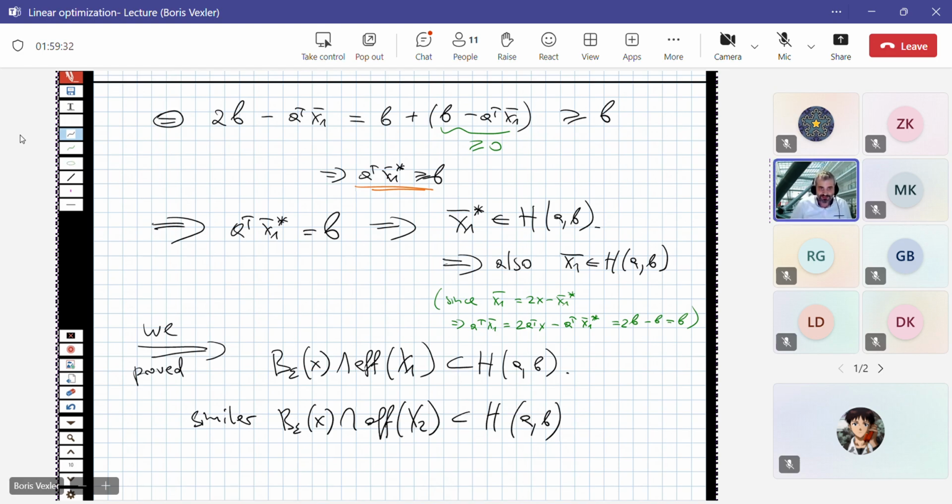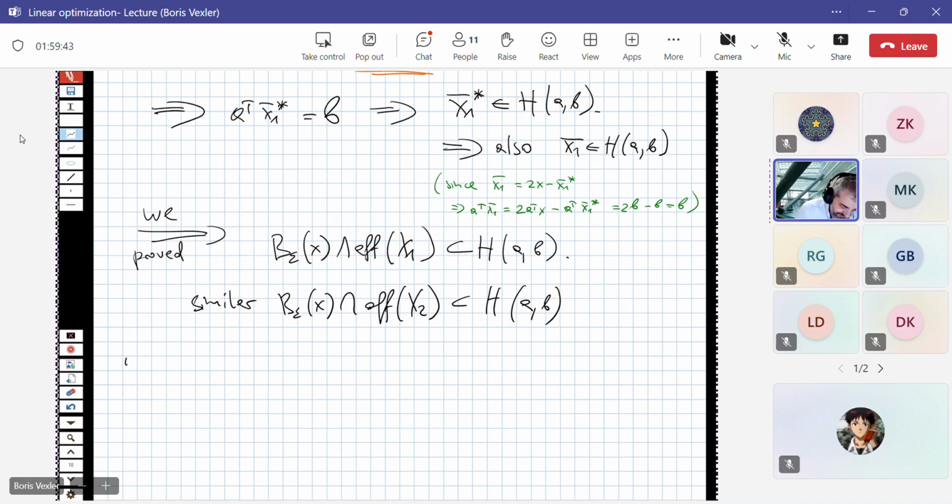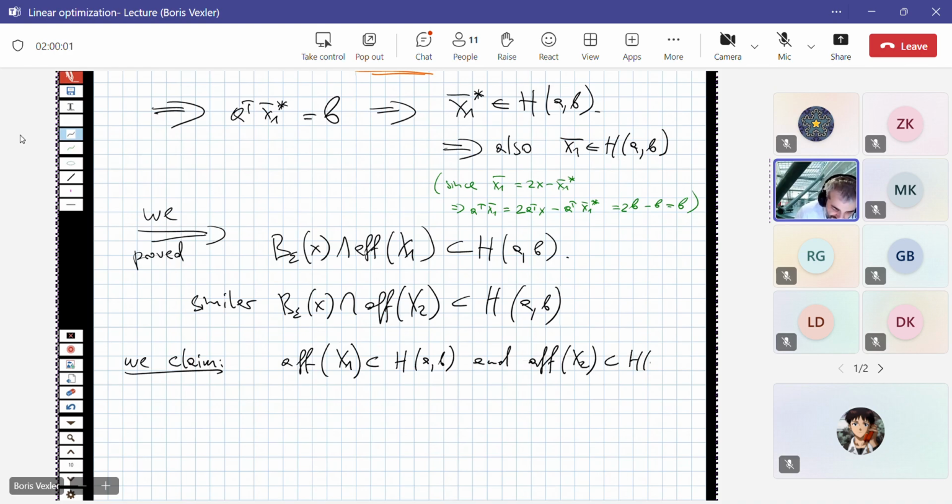Now I claim that from this, in the next step, the whole affine hull of X1 is in H_AB, and similarly the whole affine hull of X2 is in H_AB. How to see this?